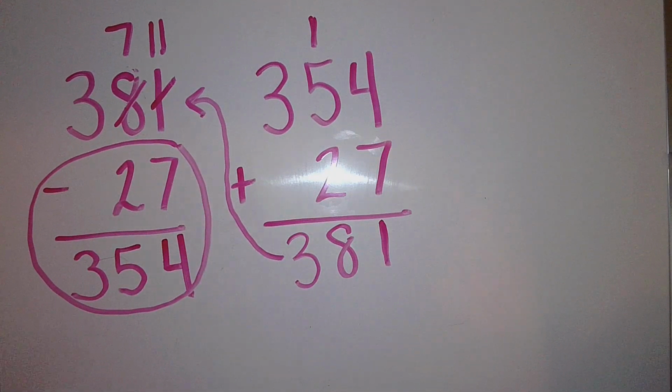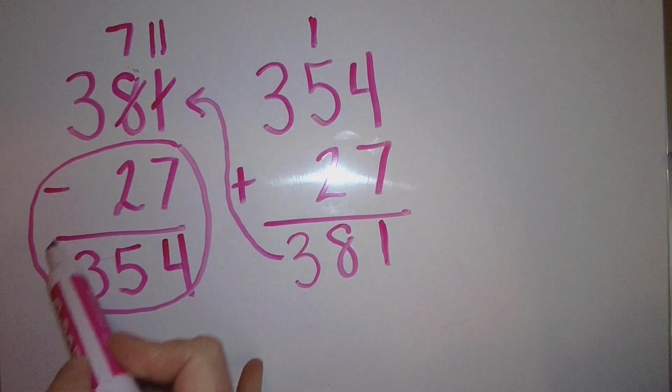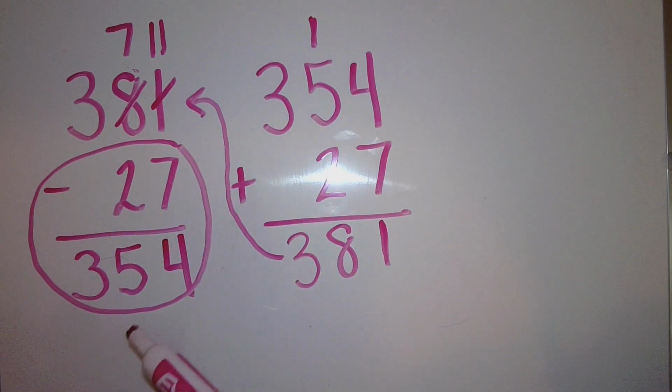If their answers do not match, they have made a mistake somewhere. And we also ran into the problem of some students just trying to make it work by fudging the numbers, which they cannot do. So as you might imagine, in second grade, this takes quite a bit of time to teach and for all the students to be able to understand it.